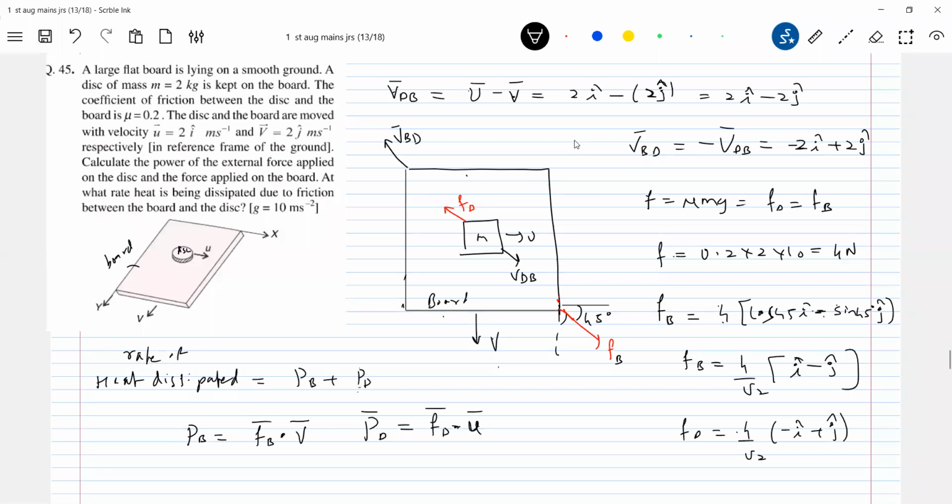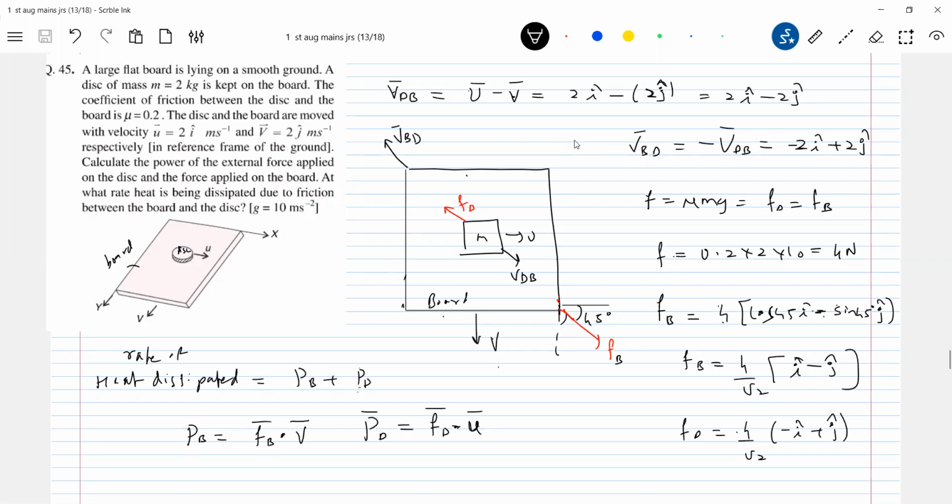What about the power of external force applied on the disk, and the force applied on the board? Now how much force should I apply on the disk to maintain that velocity U constant? Opposite to friction FD I should apply, no?